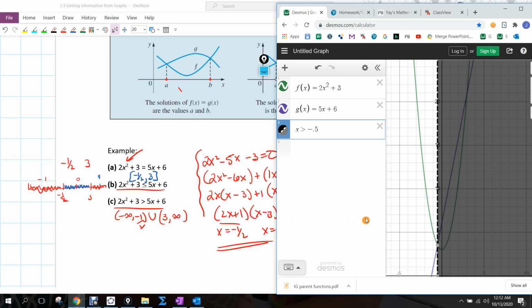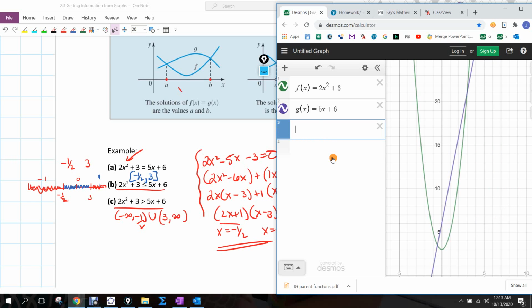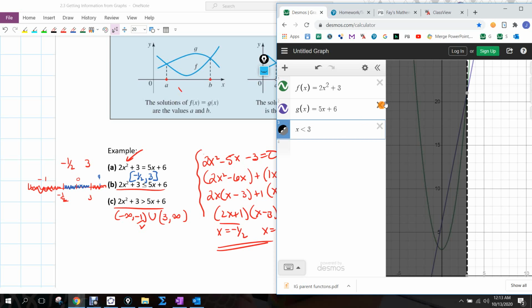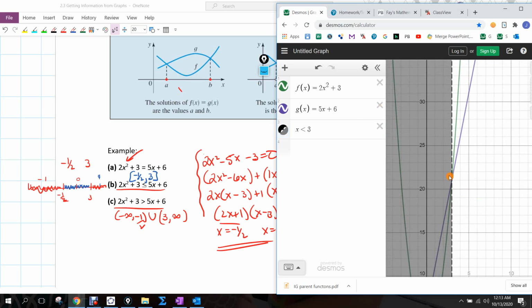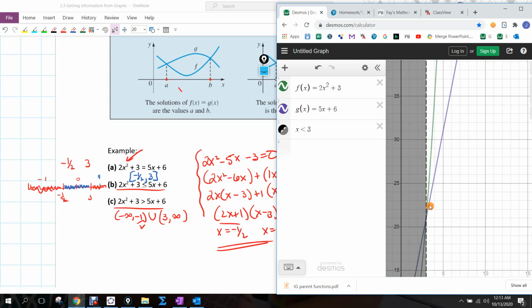Now, what if x was greater than -1/2 and x is less than 3? There's my other endpoint, so x is 3. Shade all this stuff to the left. Ignore the stuff that's shaded, and look just to the right-hand side.